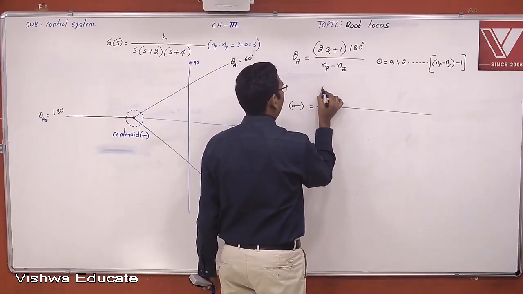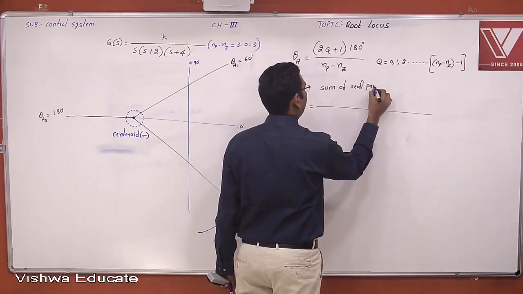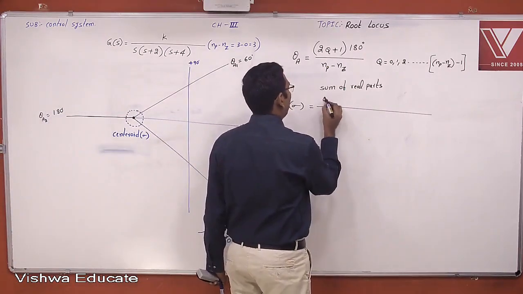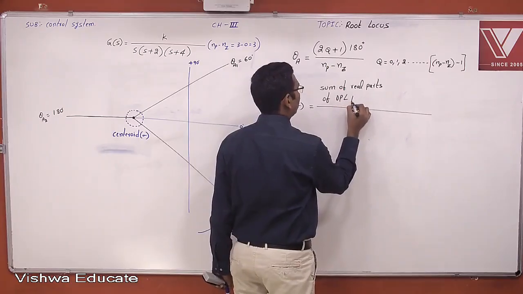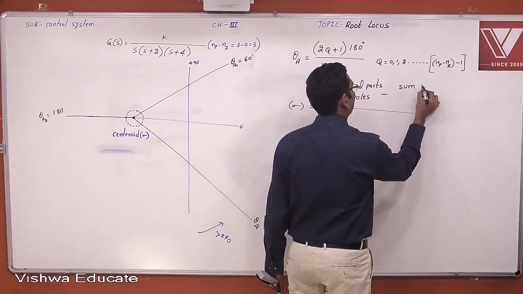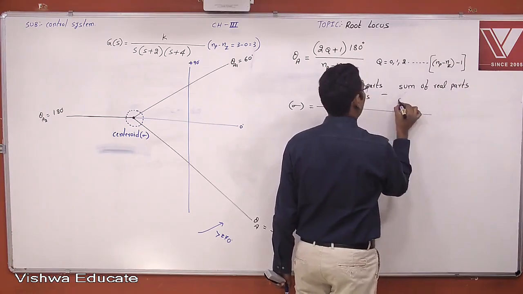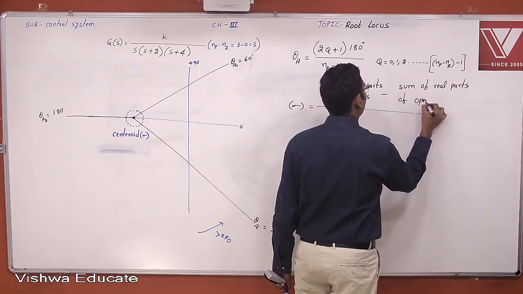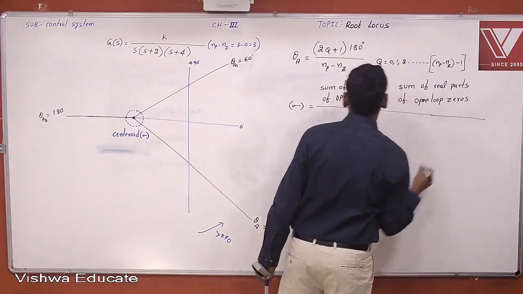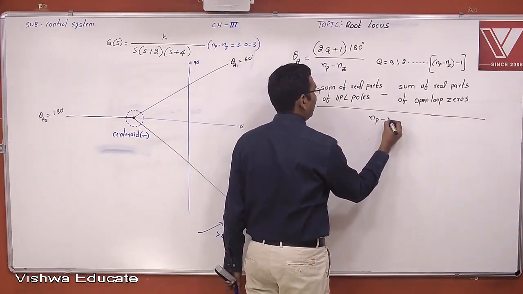The centroid sigma is nothing but the sum of the real parts of open loop poles minus the sum of the real parts of open loop zeros, divided by NP minus NZ.